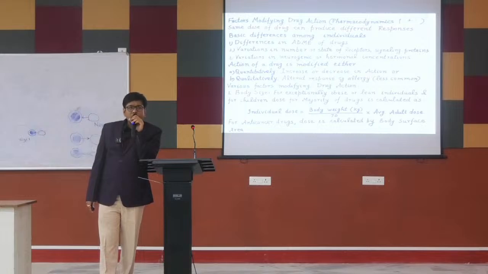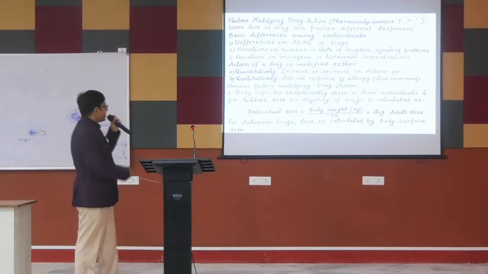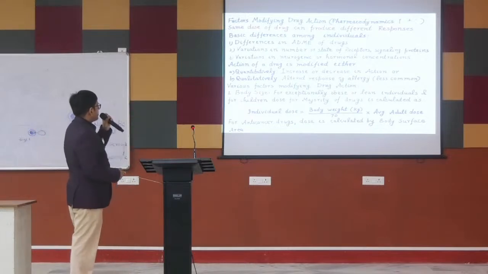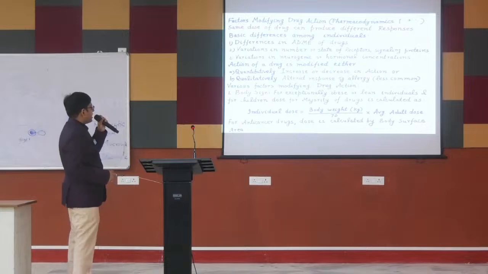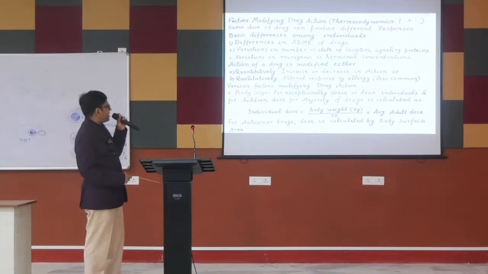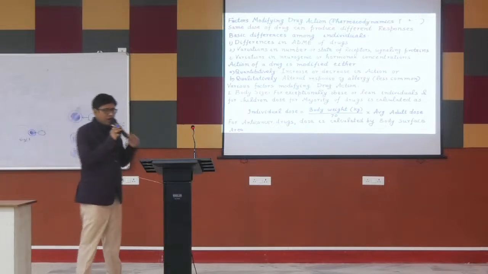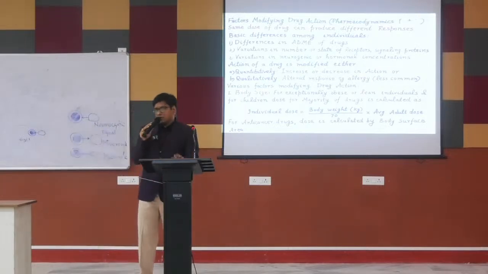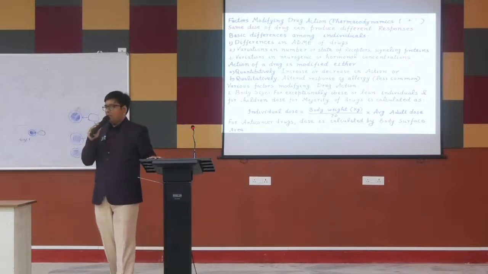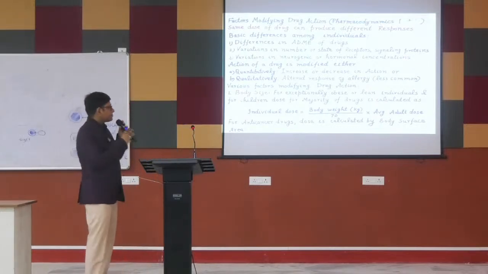So, in each patient, the absorption, distribution, metabolism and elimination of the drug will be different. Also, the receptors, their number, their state, whether they are active or inactive, the various pathways that are involved along with receptors, their functions, that also vary from patient to patient. That's why the same drug does not produce the same effect in all patients. The effect of a drug varies from patient to patient.